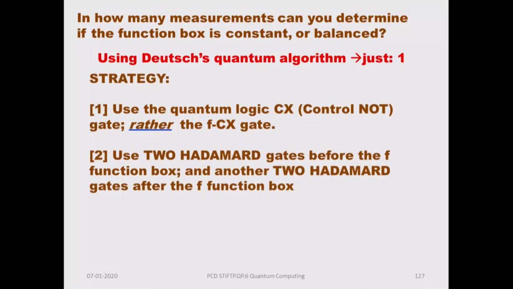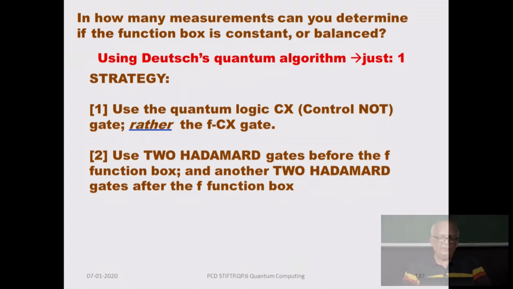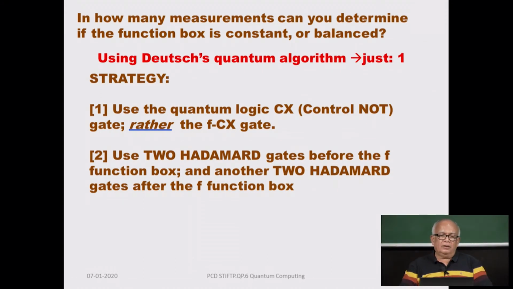So, using the Deutsch quantum algorithm, you can achieve this in just 1 step, and we will discuss how you can get it in 1 step. So, the strategy is the following: use a quantum logic control NOT gate.